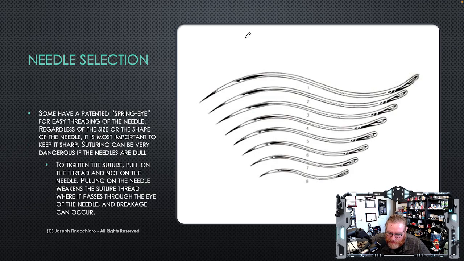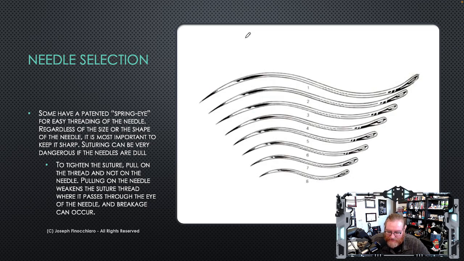Some suture needles have a patented spring eye for the easy threading of the needle. Regardless of the size or the shape of the needle, it is most important to keep them sharp. Suturing can be very dangerous if the needles are dull. To tighten the suture, pull on the thread and not on the needle.